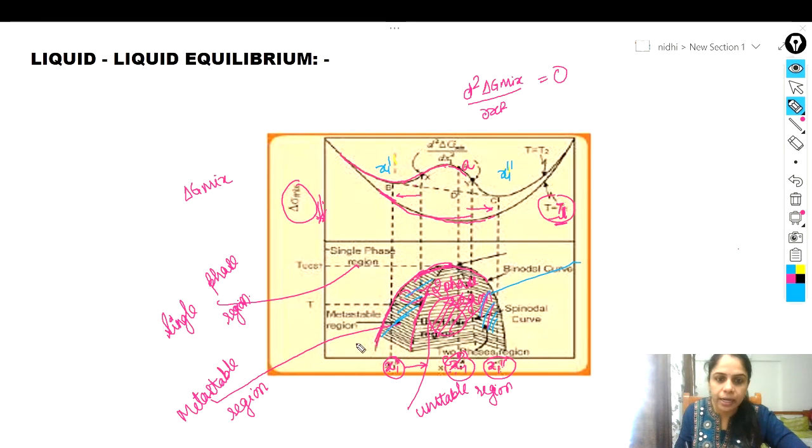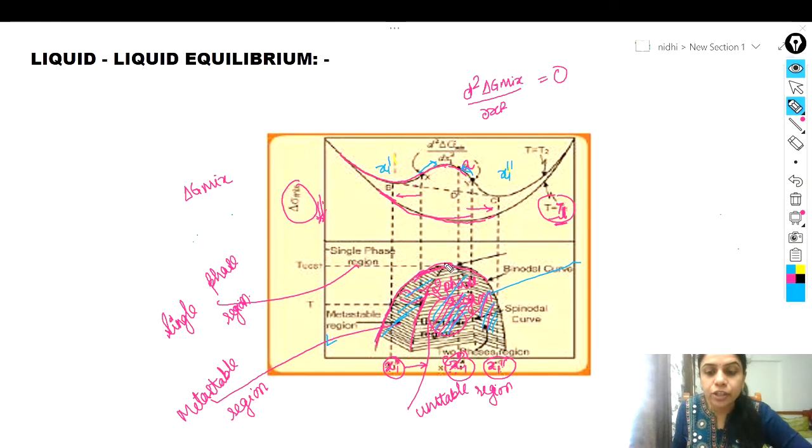And this is called the unstable region. So when you go from both sides towards A, that region is known as the unstable region, and when you move in the opposite direction, towards x1 dash and x1 double dash, whatever region is there, we call it the metastable region.